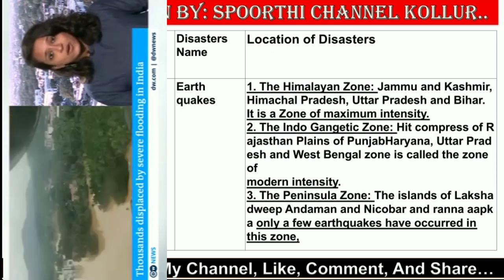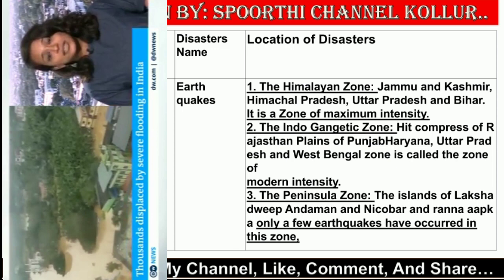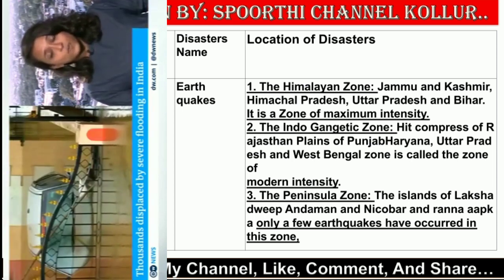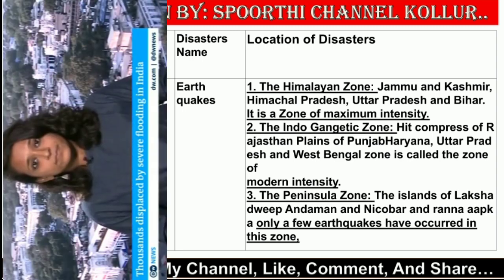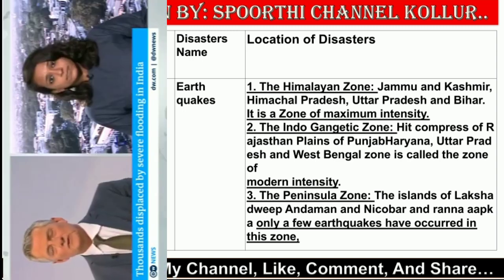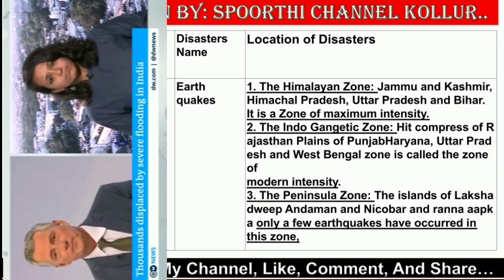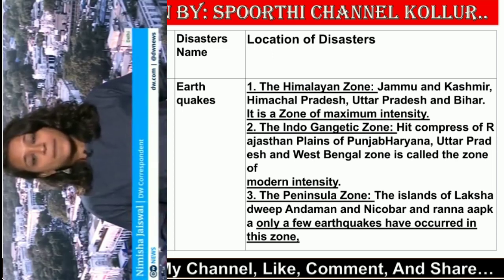Just like, one, Himalaya zone: Jammu Kashmir, Himachal Pradesh, Uttar Pradesh and Bihar. It is a zone of maximum intensity. Second, the Indo-Gangetic zone, it includes Rajasthan, plains of Punjab, Haryana, Uttar Pradesh and West Bengal.